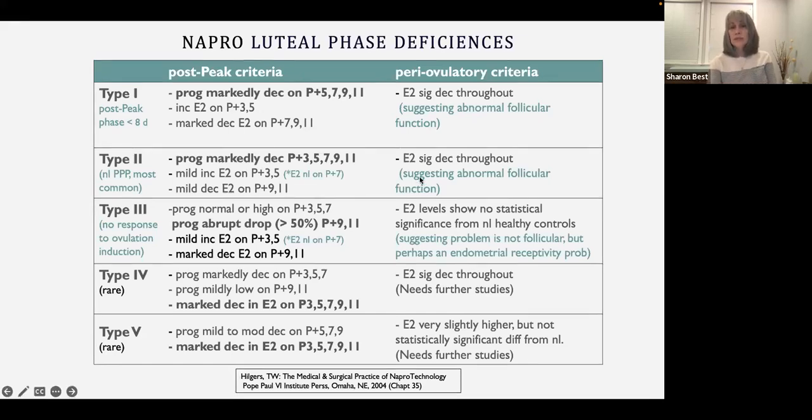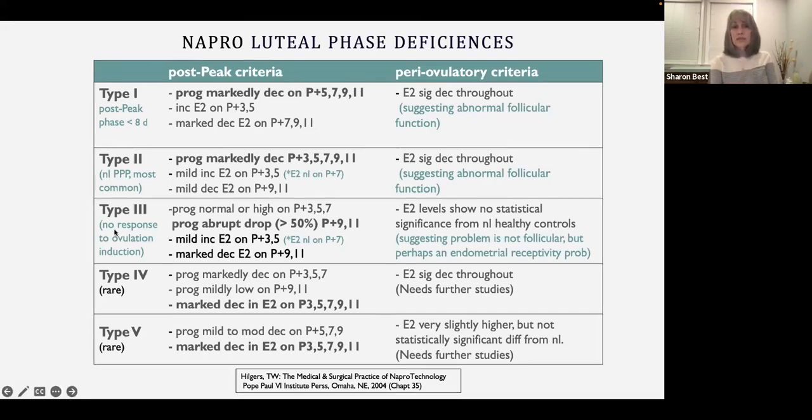Type 1 and type 2 suggest there's an abnormal follicular development. So these patients we would expect to do well when we give them ovulation induction with letrozole, say, or Clomid, because we know they're not developing the follicle well, and these 2 medicines are going to develop a more robust follicle.